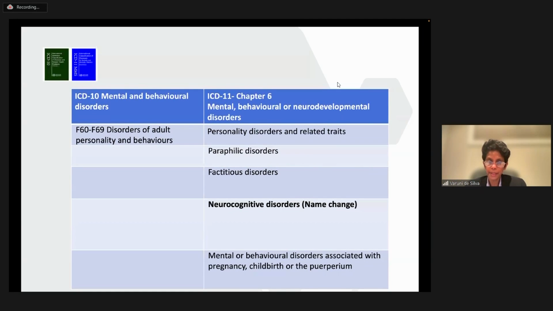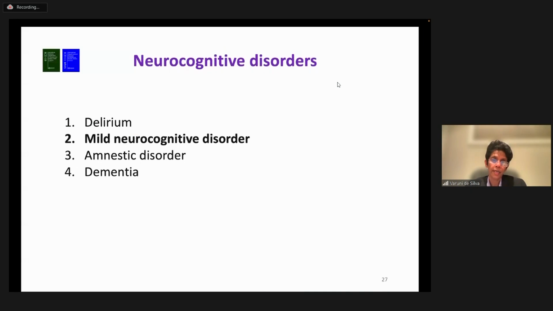The next major category is called neurocognitive disorders. This is the organic disorder condition which is in ICD-10, and the new name is the same as what we see in the DSM-5. So the conditions of delirium, amnestic disorder, and dementia are still there, but there is a new condition called mild neurocognitive disorder.